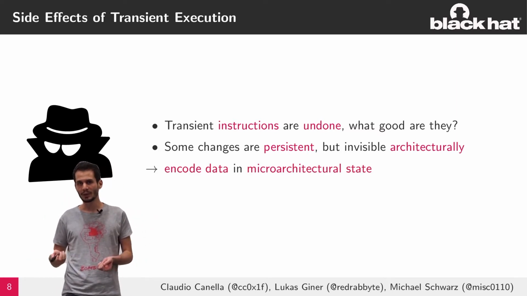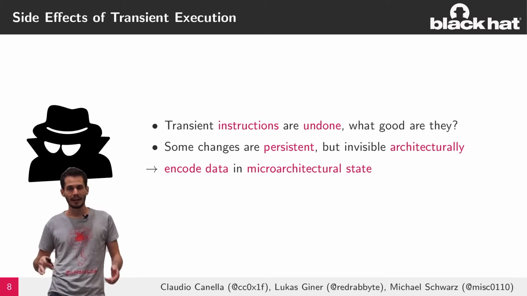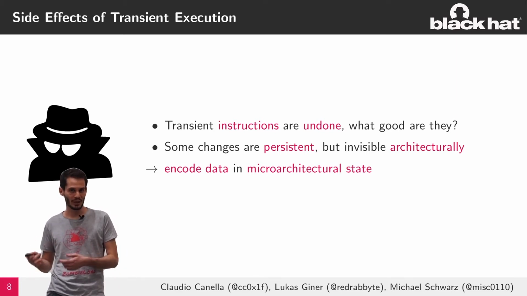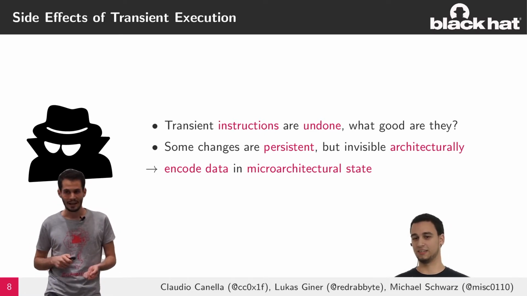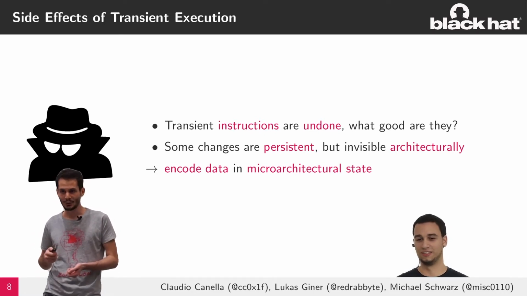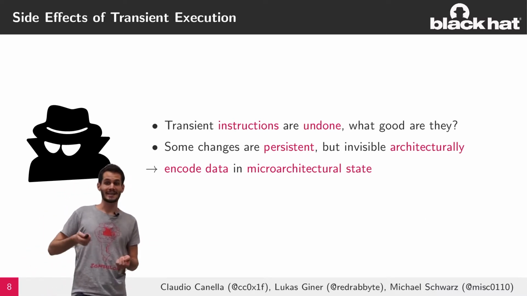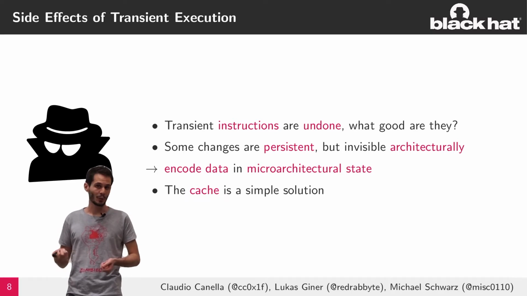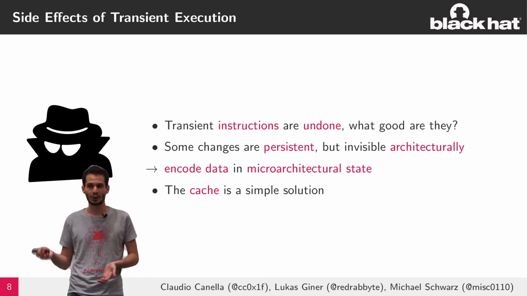So we can encode data that we calculate during transient execution into a microarchitectural state. Do you have an example for microarchitectural state? Yes. One of those stateful microarchitectural elements is a cache. That's a simple way. The state in the cache is whether a cache line is present or not.